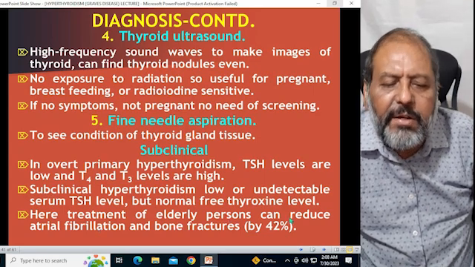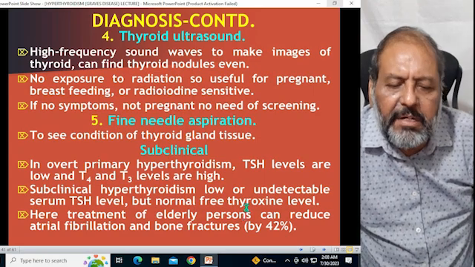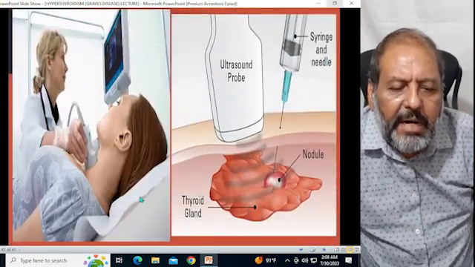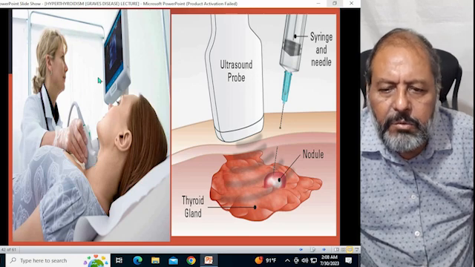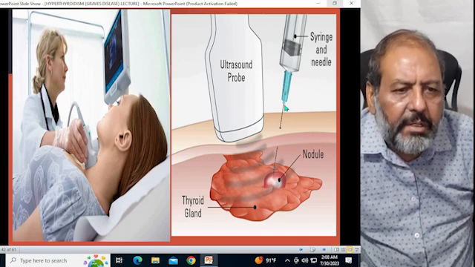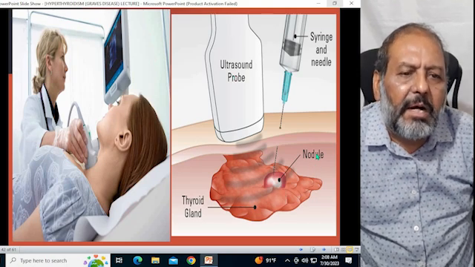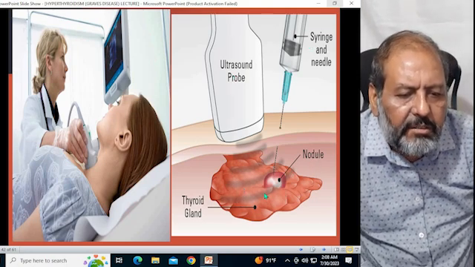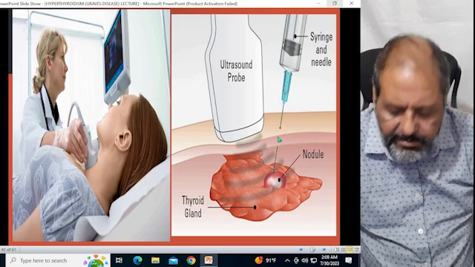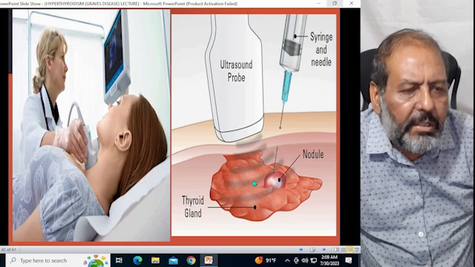Here, treatment of the elderly person can reduce atrial fibrillation and bone fracture by 42%. So here one can see how the thyroid ultrasound is done, and how, under the guidance of the ultrasound probe, one can go for the nodule or other thyroid gland tissue to obtain tissue by fine needle aspiration through a syringe and needle.